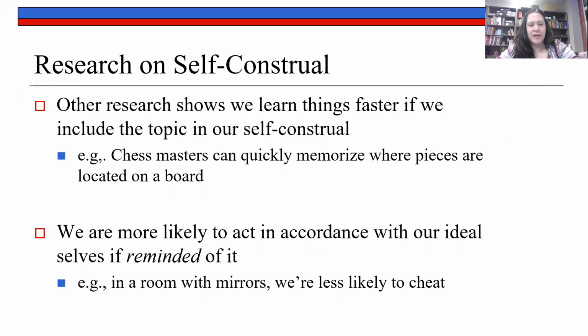Another interesting example of research, and we're almost done with this mini lecture, is the idea that, again, if you think of yourself in a certain way, you'll be better at a task. So an example is that chess masters can really quickly look at a board with all the pieces laid out on the board and immediately memorize the pattern of the pieces. And they can do that with multiple boards, and they can play chess kind of in their heads.